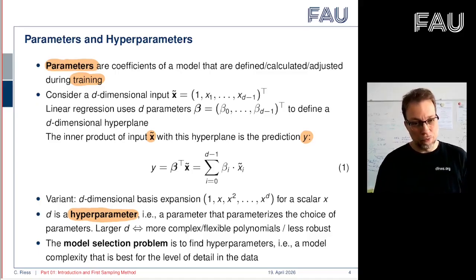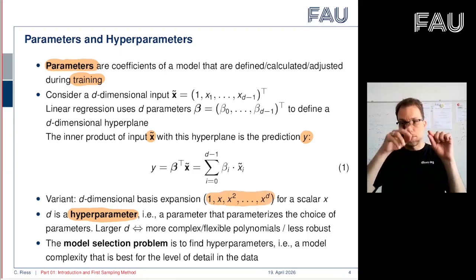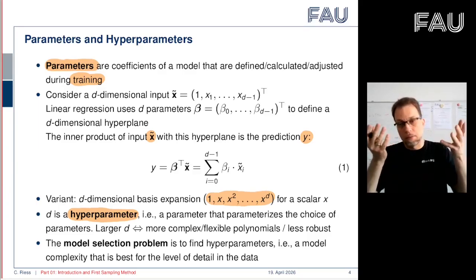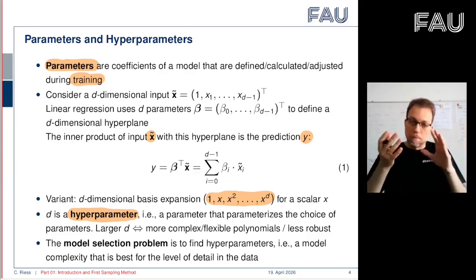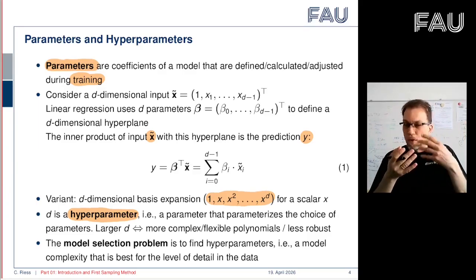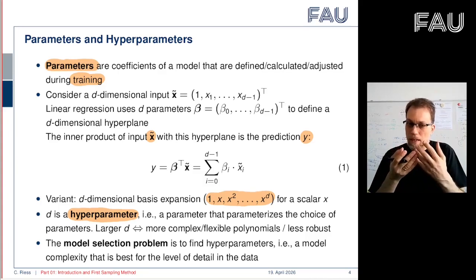If we have a larger d in the context of linear regression, with this basis expansion, it means we have a higher degree polynomial. So we can form a more complex shape. It's more complex, it's more flexible in a way.